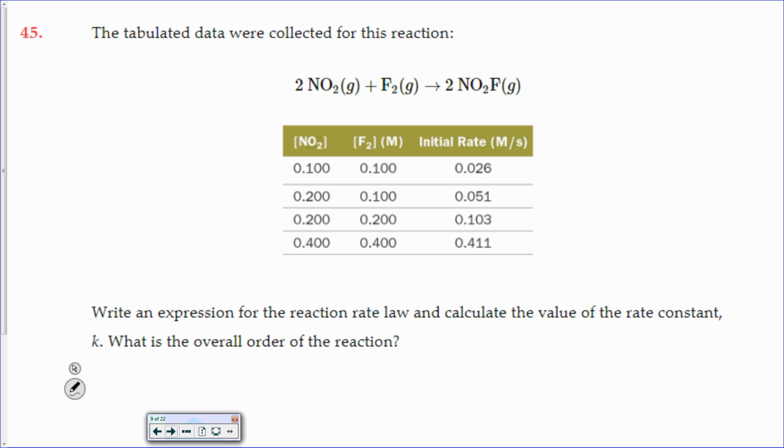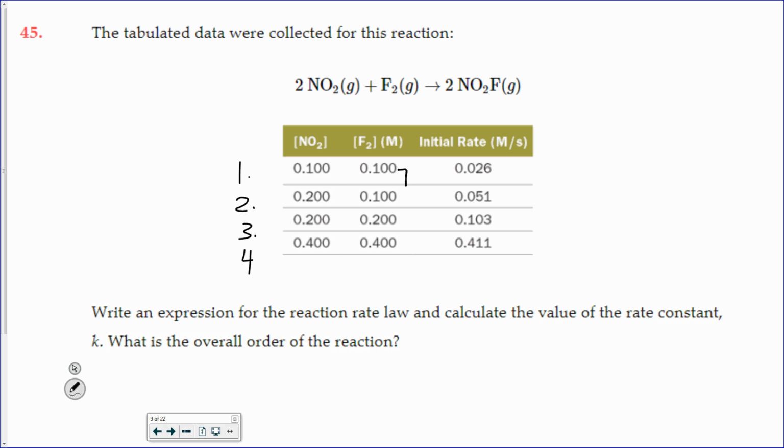All right, so 45. This one's slightly more complicated in the fact it's a similar problem, but it's got two reactants. So we want to try to look at conditions where we can solve the order with respect to each of them. I'm going to number them, we did 4 trials. Okay, so I'm looking at ones for the first reactant, the NO2, where the concentration of the F2 is the same.